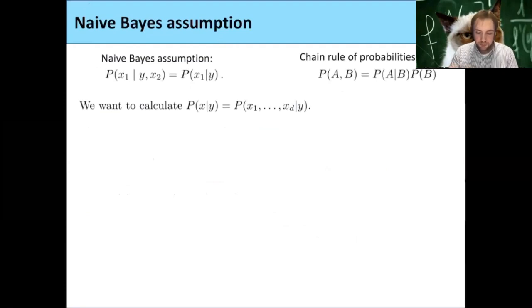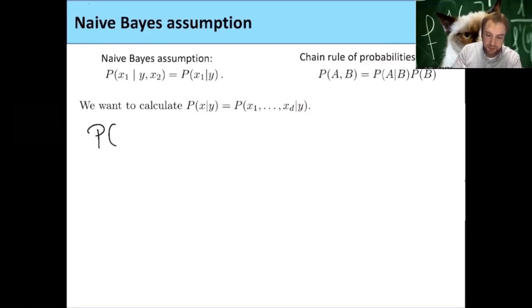So here I just wrote it again. We use our assumption that all these events are conditionally independent given y, and we will use this chain rule.